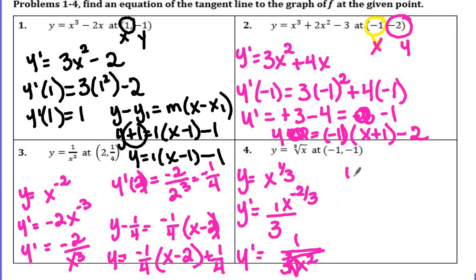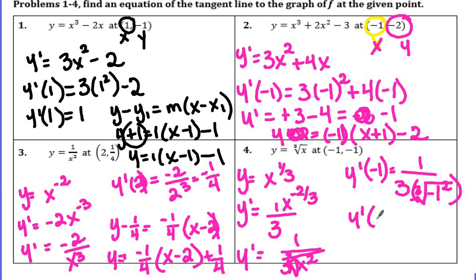And so when you're evaluating the derivative at -1, it is 1 over 3, and then you're going to square -1, so +1. And when you take a cube root of 1, it's just 1, because 1 times 1 times 1 gives you 1. So that should just give me 1/3.